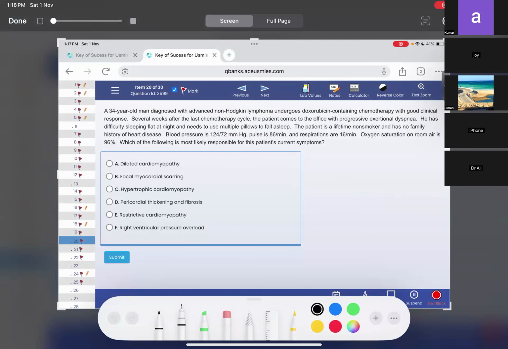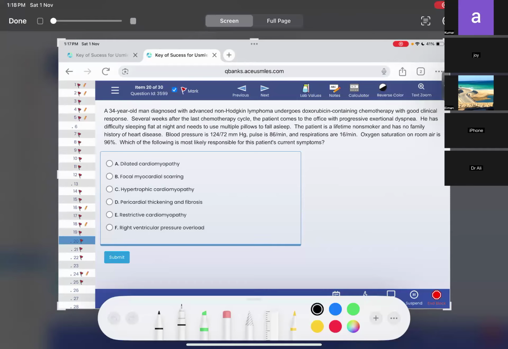Which of the following is most likely responsible for this patient's current symptom? A 34-year-old man diagnosed with advanced non-Hodgkin lymphoma undergoes doxorubicin-containing chemotherapy with a good clinical response. Several weeks after the last chemotherapy cycle, the patient comes to the office with progressive exertional dyspnea. He has difficulty sleeping flat at night and needs multiple pillows to fall asleep.